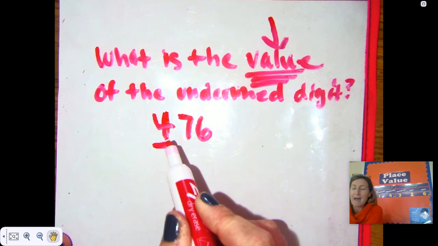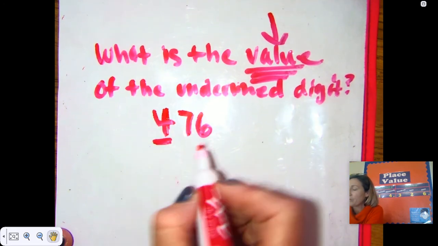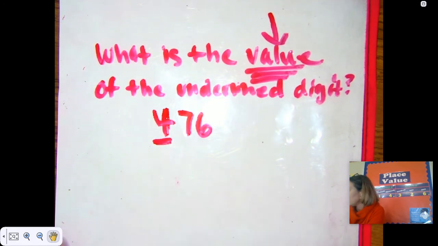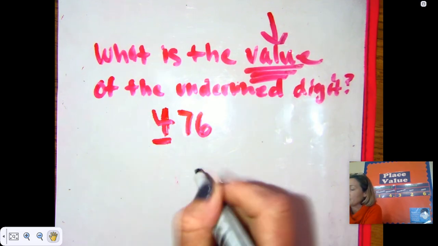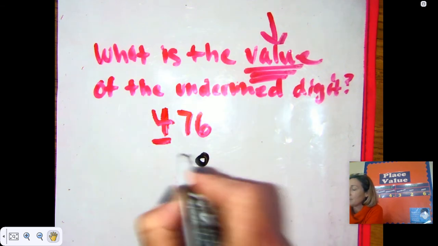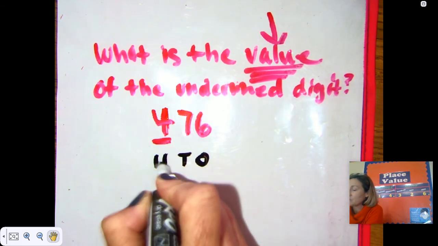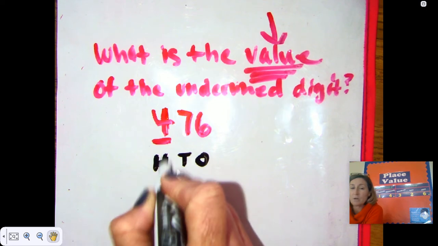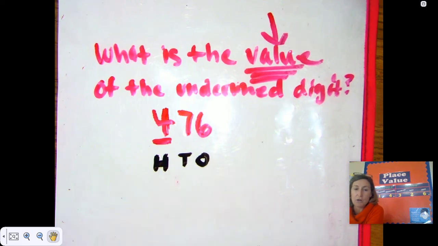What is the value? So how much is it worth? So let's look here, and we know that this is the ones place, the tens place, and the hundreds place. We know that from our place value chart.